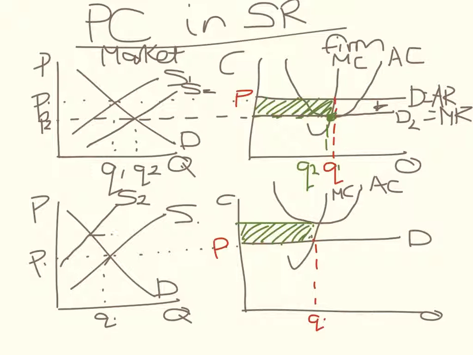So if supply moves backwards, we've got upwards pressure on the price, and if we extend that dotted line forward, here we go, we get demand shifting upwards.